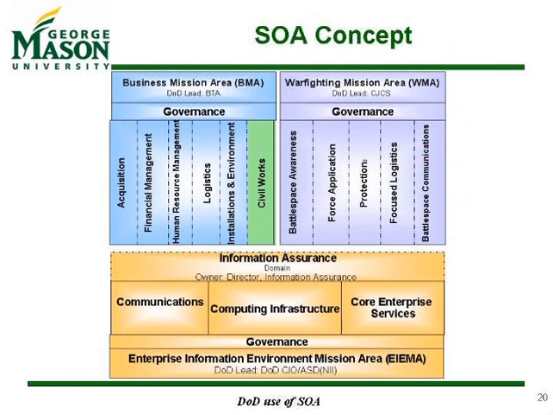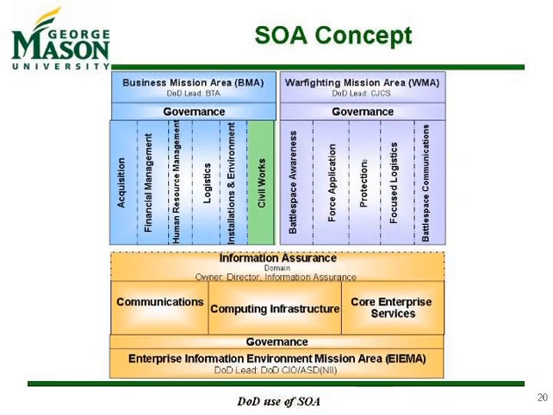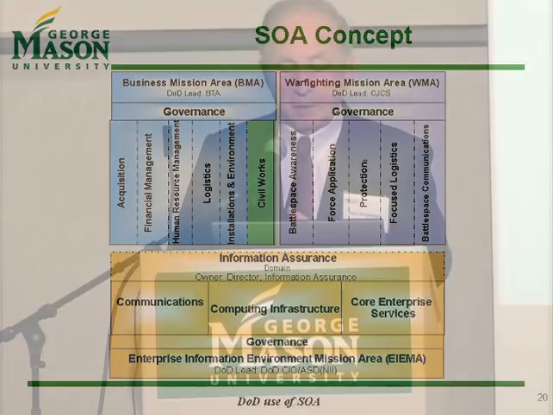When you go into further details, you get the typical layer diagram. Vendors and various services and various lieutenant colonels and colonels love to make presentations that look something like this. I have seen many dozens of diagrams like this, but you always have at the bottom enterprise information mission area, governance, communication, computing, core services, information assurance as a shared capability.